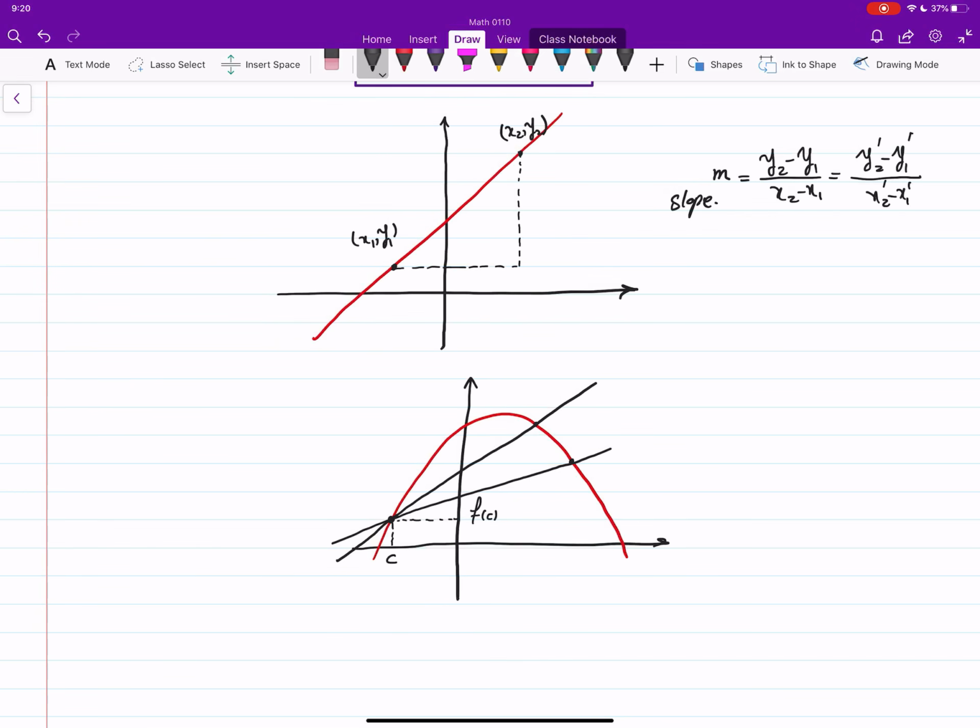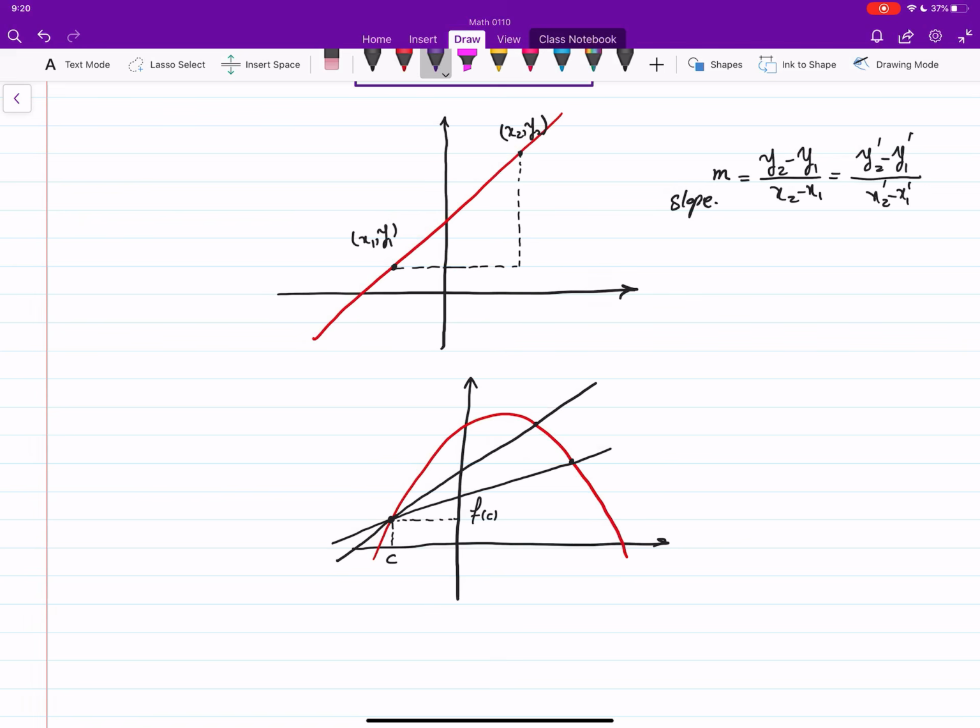And then what is the idea? What can we do for this one? First thing is that this slope of the graph, we want to first relate it to the slope of a line. It's called a tangent line. What kind of line is that?